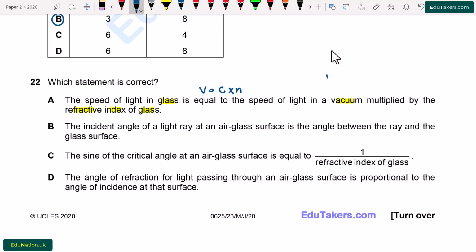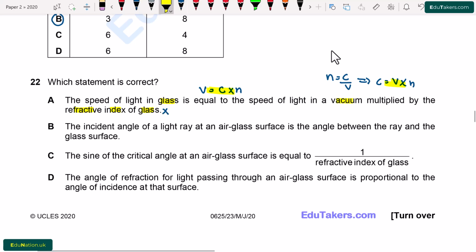But we know that n is equal to c over v. Refractive index is the ratio of the speed of light in the vacuum to the speed of light in the glass. So here c will be equal to v multiplied by n. Both of these are reciprocal. That's why option A is incorrect.